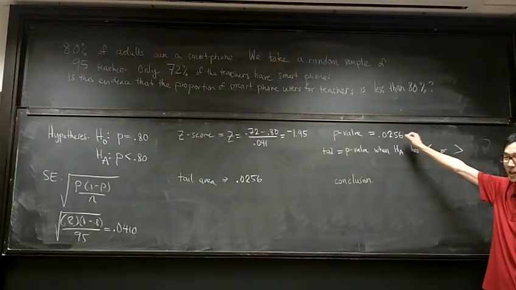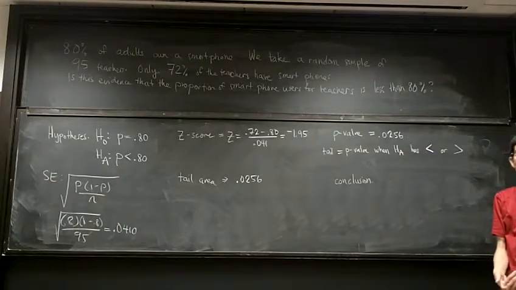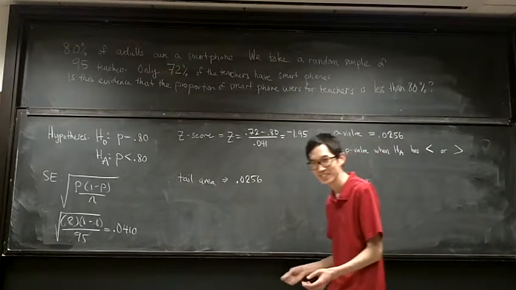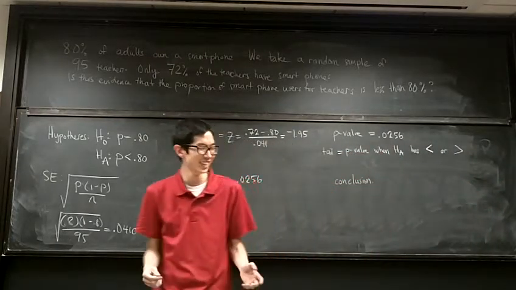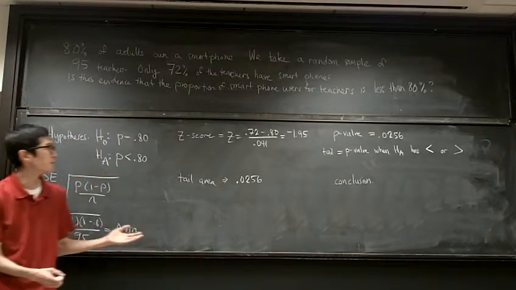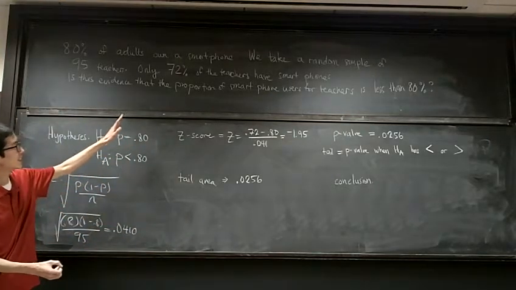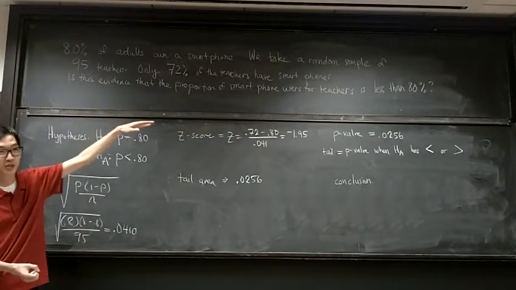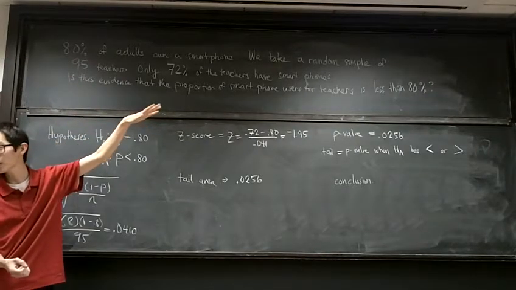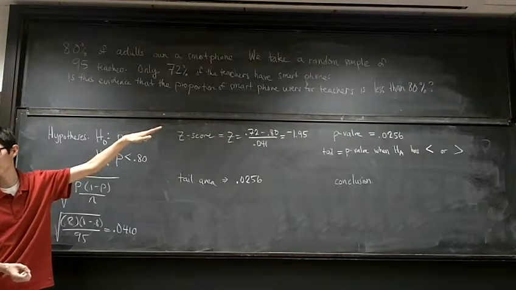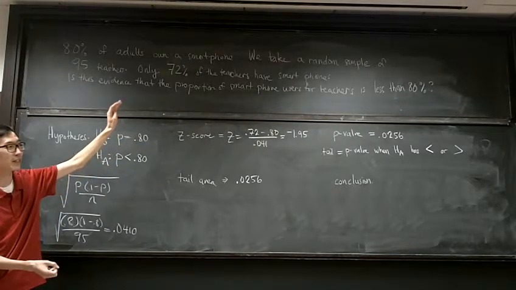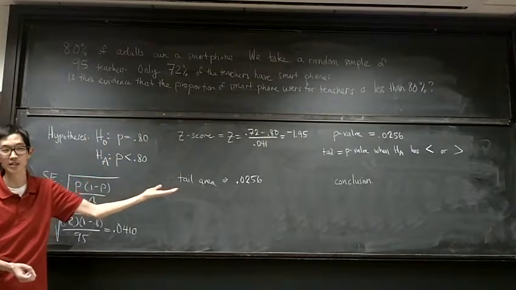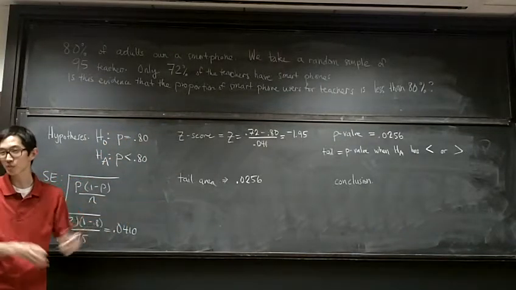Our p-value is 0.0256. What this means is that if 80% of teachers own smartphones, when I take a random sample of 95, what's the probability that I only get 72% or something more unusual?